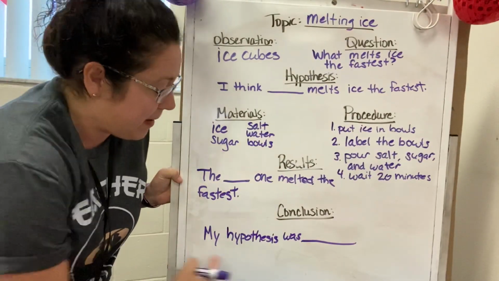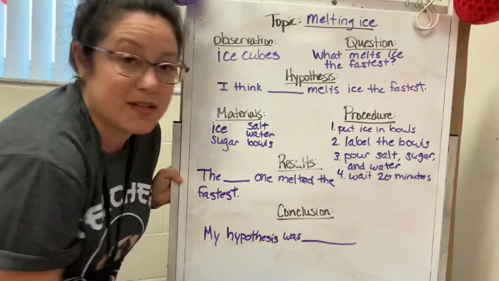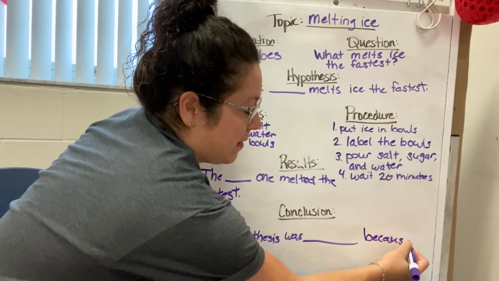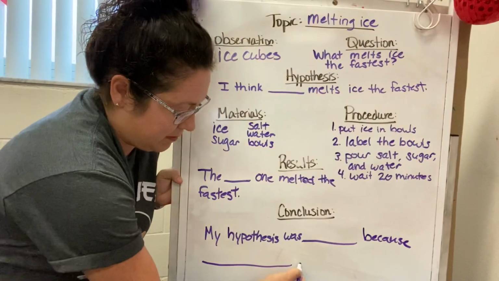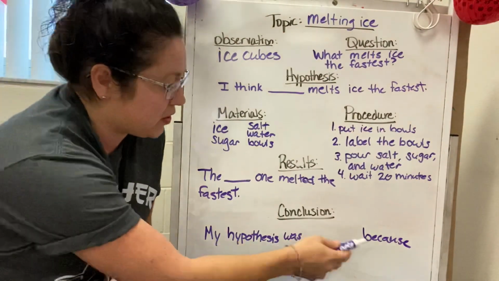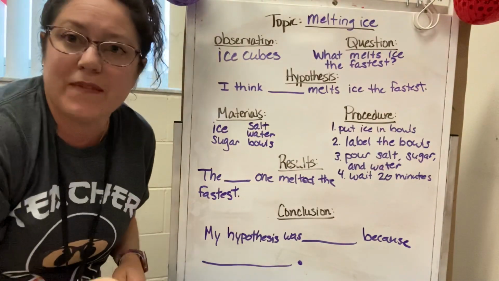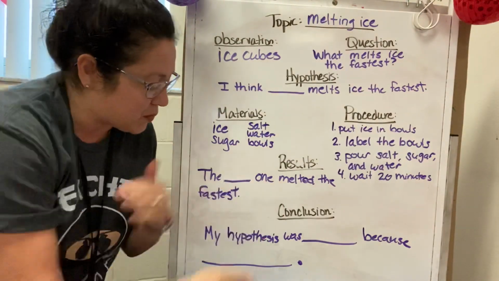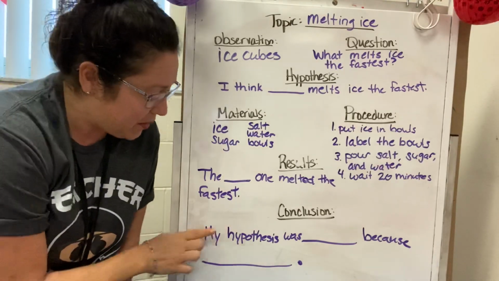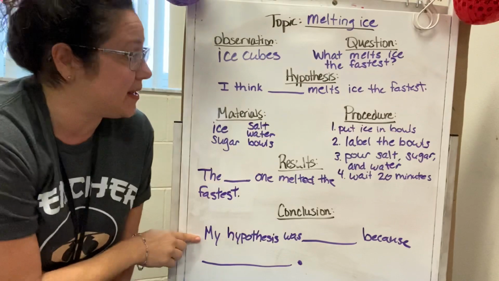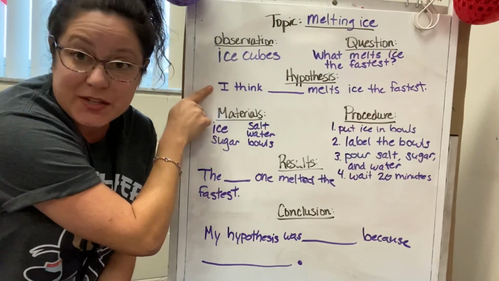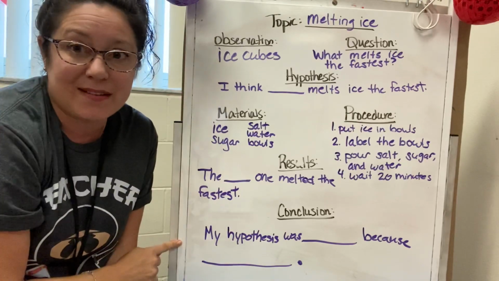Or you could say, my hypothesis was right, my hypothesis was wrong, because, period. And then you tell me why you were right or wrong. My hypothesis was correct because the sugar one melted the fastest, or my hypothesis was wrong because the nothing one, okay? So again, it's okay if your conclusion does not match your hypothesis. That's just your prediction. This is why we're doing the experiment, all right?